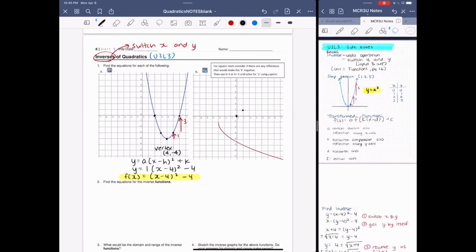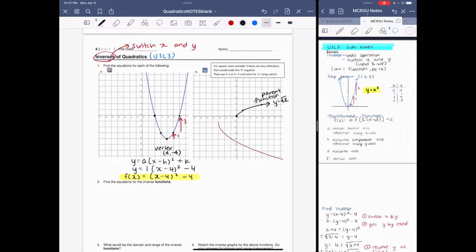It's going to be 0, 0, 1, 1, and at 4, the square root of 4 is 2. So the parent function is y equals square root x.